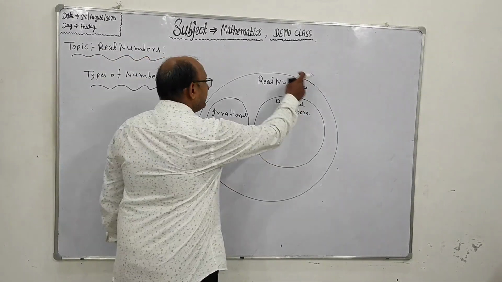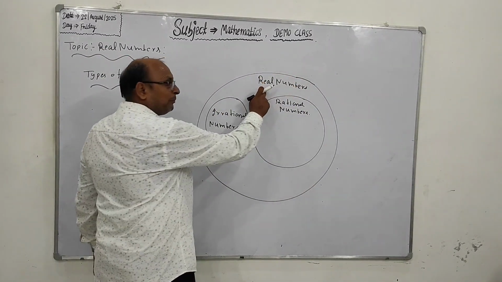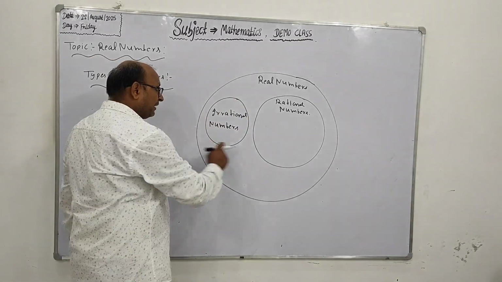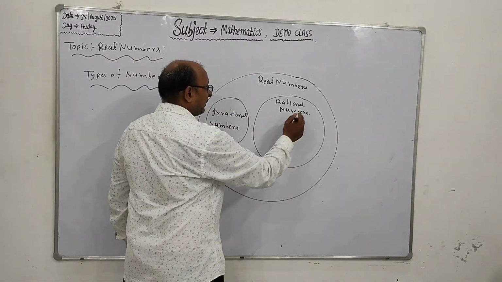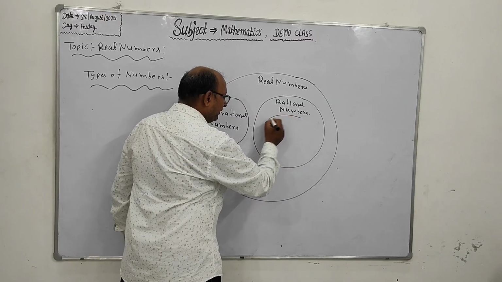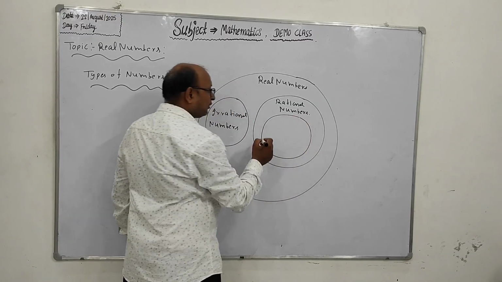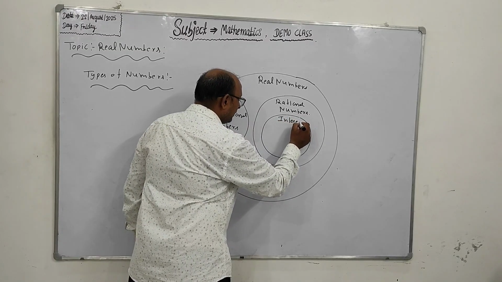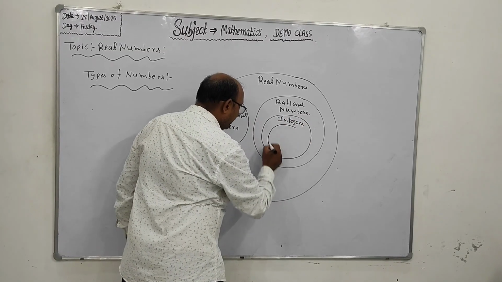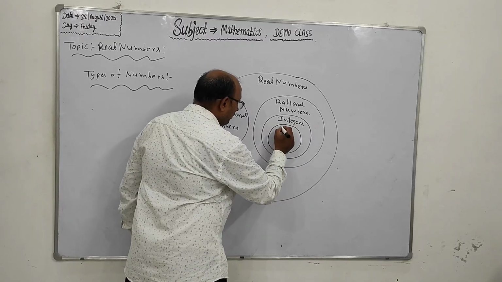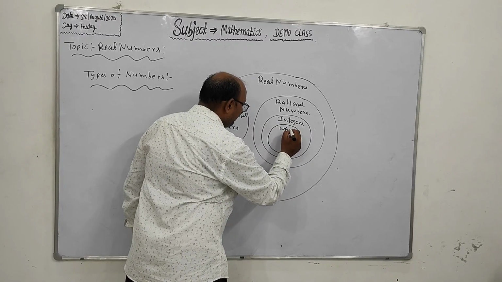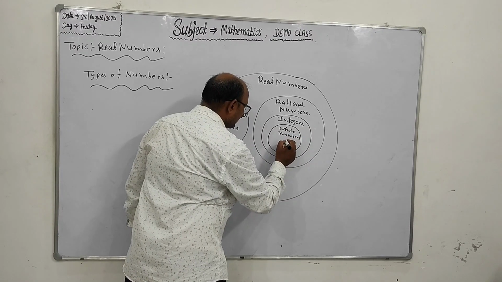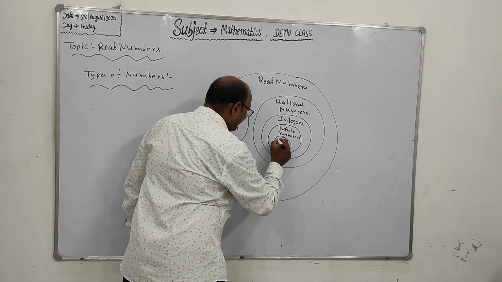This is a set of all real numbers. We can divide all real numbers into two parts: irrational numbers and rational numbers. And in rational numbers we also put integers, and these are whole numbers and these are natural numbers.